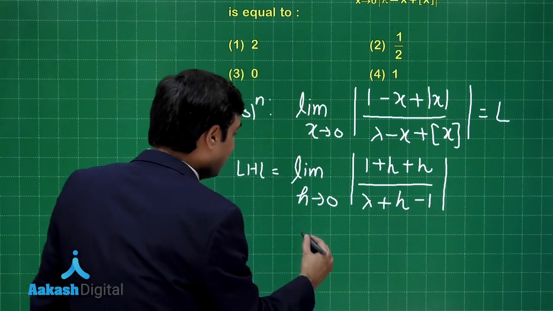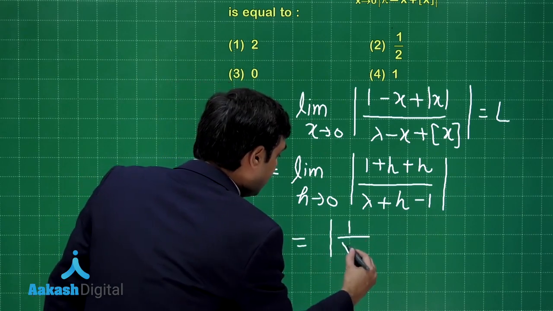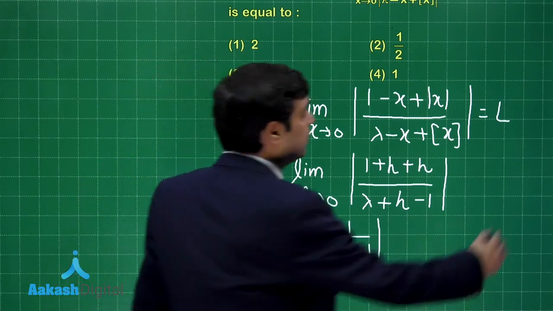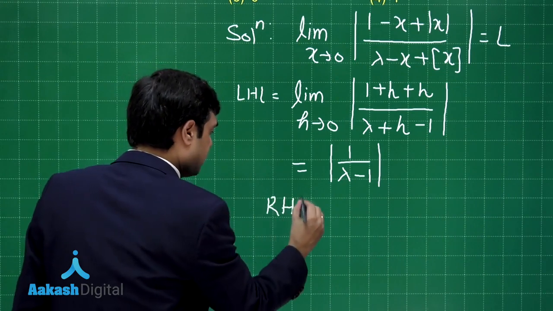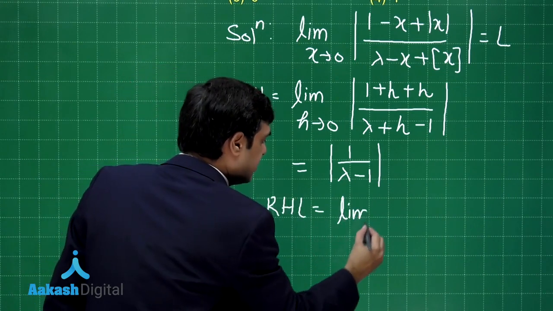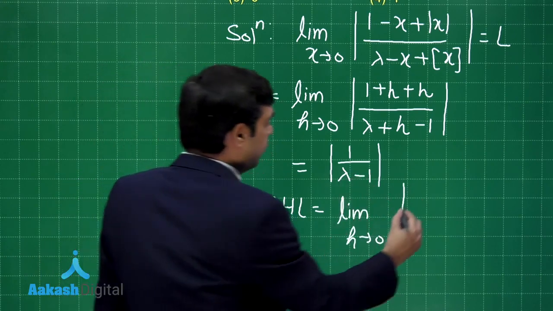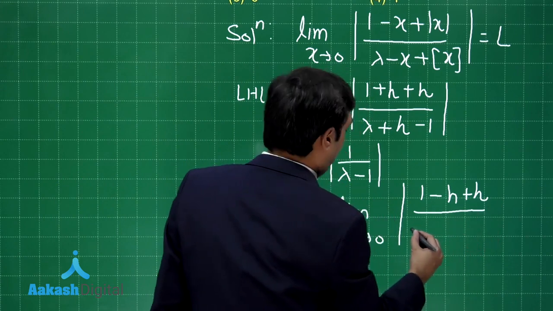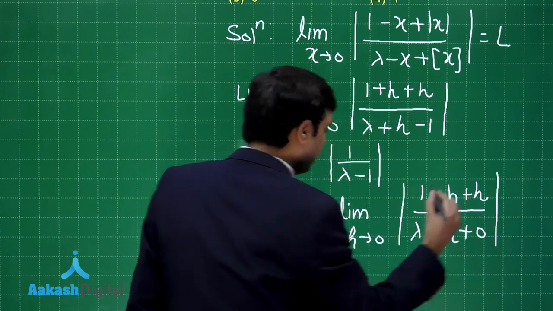So when you apply the limit, you observe it is mod of 1 upon lambda minus 1, or simply 1 upon mod lambda minus 1. Now when you go for RHL, this is limit h approaching to 0, modulus of 1 minus h plus h upon lambda minus h plus 0.